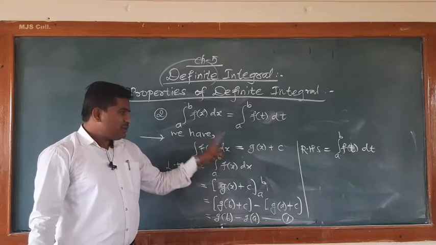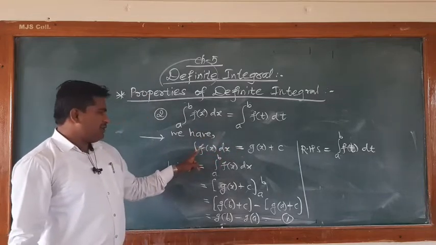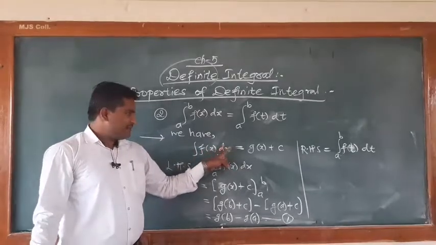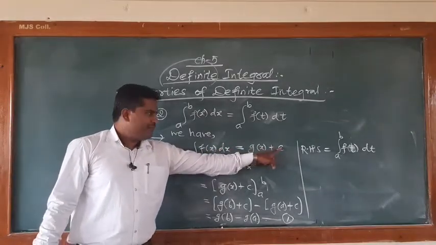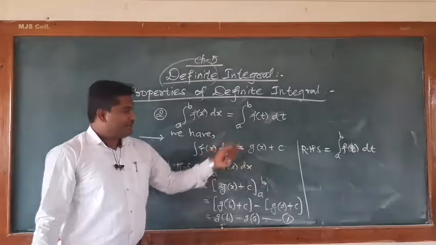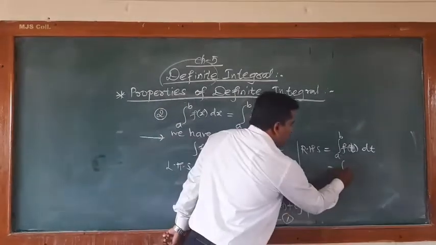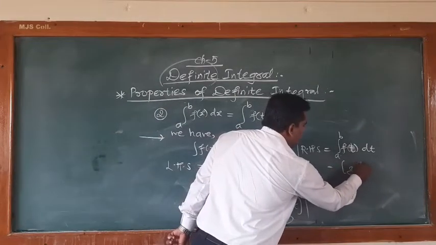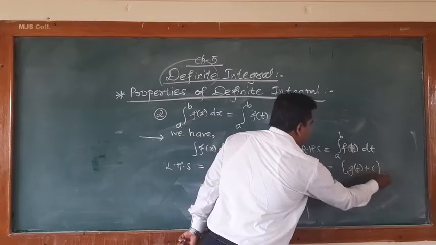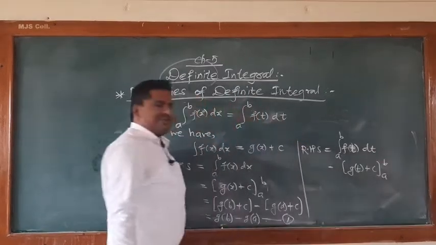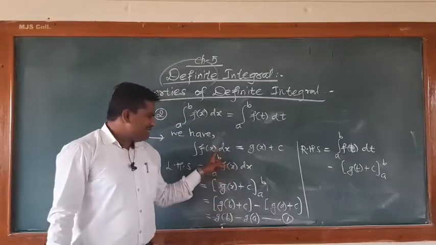Then we use integration of f of x with respect to dx is equal to g of x plus c, similarly with variable t. That means g of t plus c.